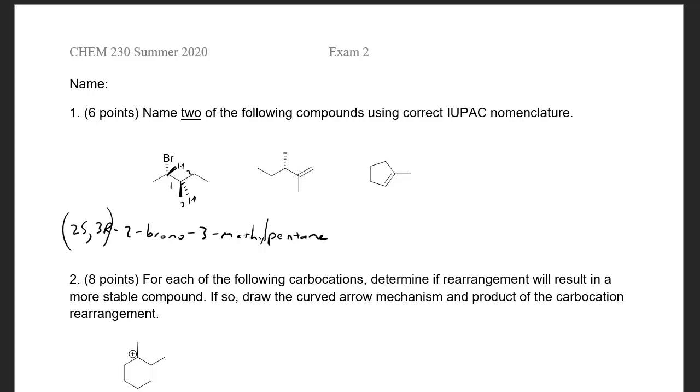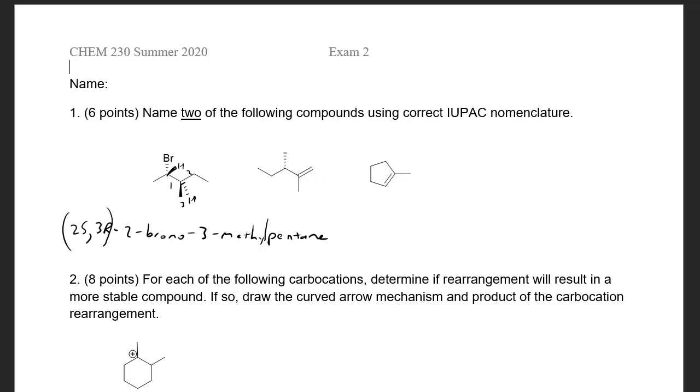So this is pentene, and the alkene's at the 1 position, so that doesn't need a number. I'll go ahead and draw the number into the name. And we have 2 methyl groups, so it's dimethyl, and we have 2 hydrogens on this carbon of our alkene, so this isn't an E or Z alkene.